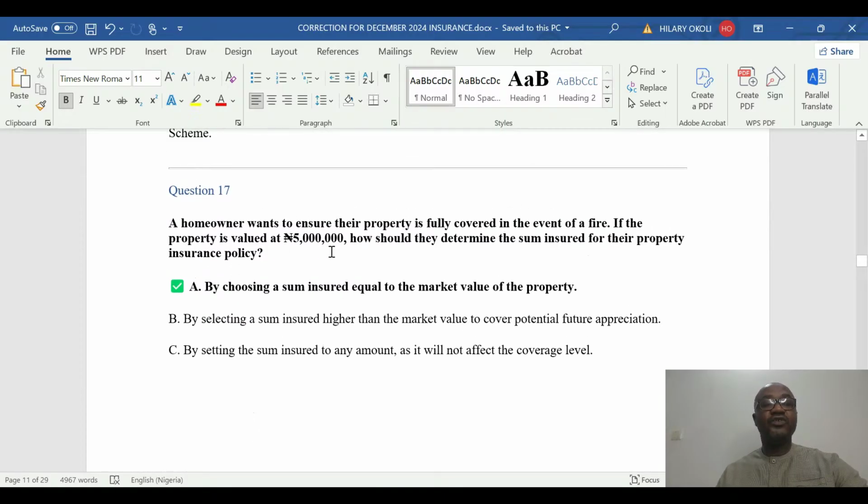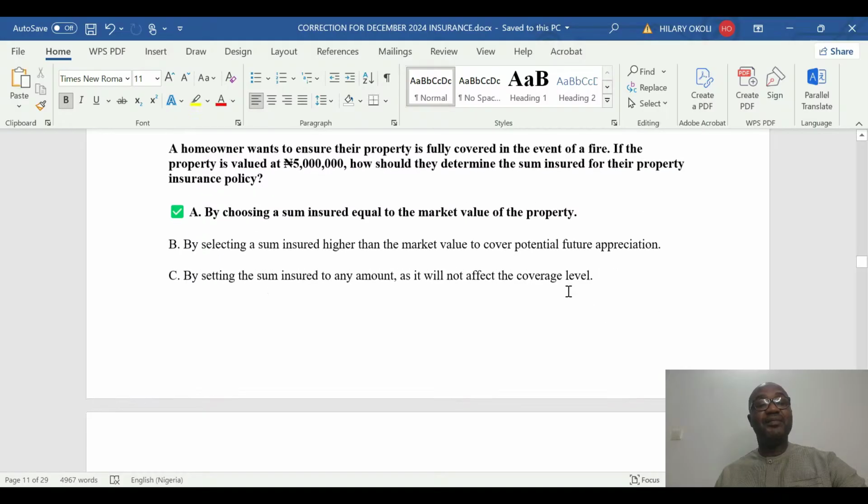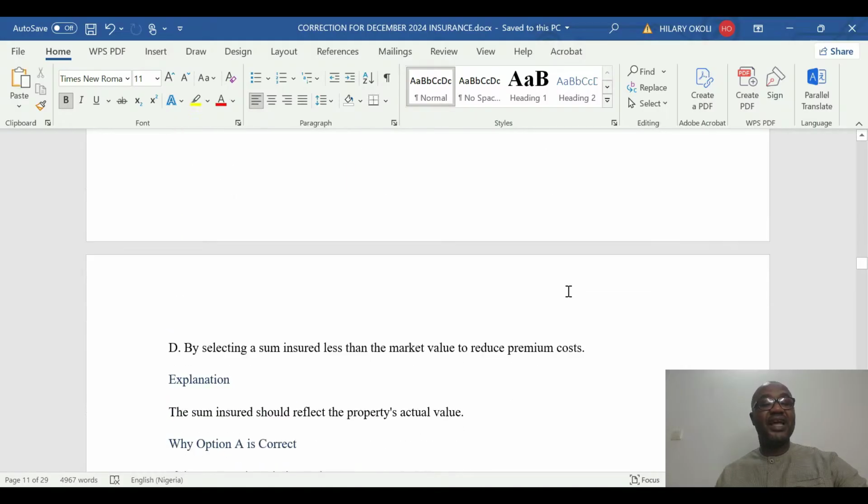A homemaker wants to ensure the property is fully covered in the event of fire. If the property is valued at 5 million naira, how should they determine the sum insured for the property insurance policy? By choosing a sum insured equal to the market value of the property. So you choose what is equal to that market value. That's the best way to do it. So A is the answer.